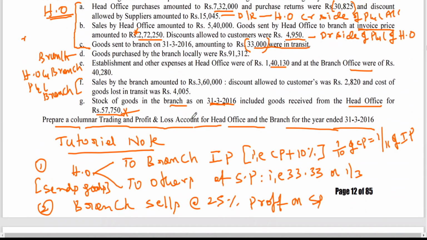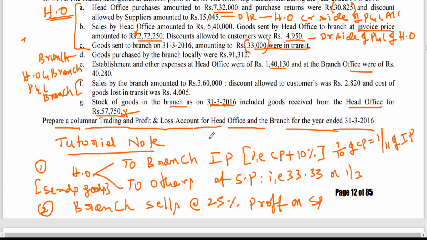So we start doing the problem now, one after the other. Let me prepare what exactly is asked. Prepare columnar trading and P&L account for head office and branch for the year ending 31st March 2016.